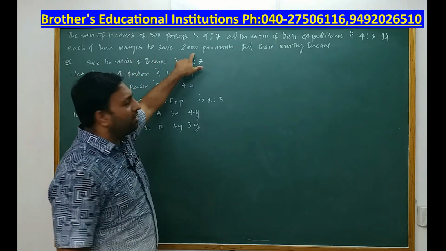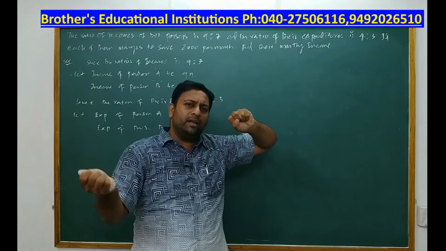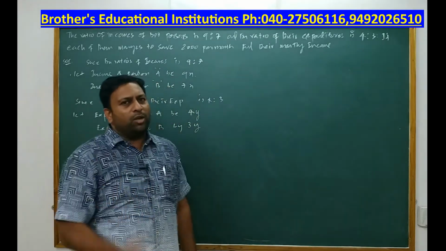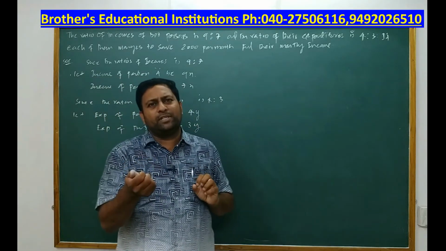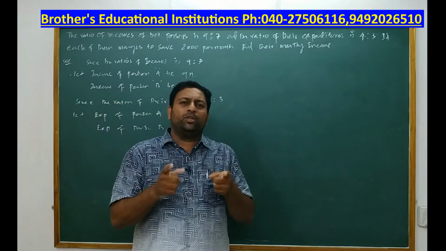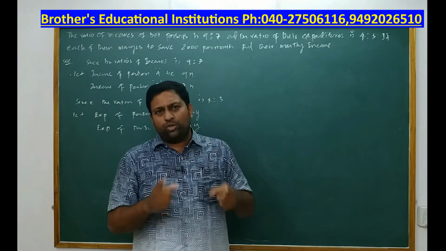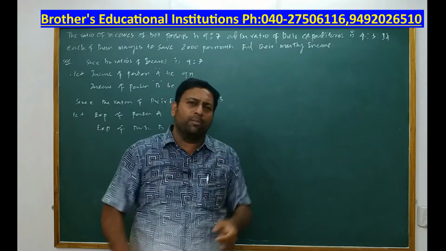How much are they able to save? 2000. Whatever you earn and whatever you spend, that much is left over. And you all know that according to our incomes, our expenses should be. If your expenditures are more, then you will become bankrupt. So make sure that you do a lot of savings, but make sure that you also earn more. More income, less expenditure is always a formula for your life.